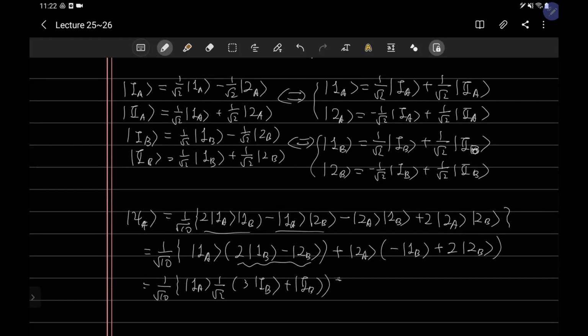And similarly for the second term, now I multiply 2 and then subtract this line from the second line, so that is minus 3. Oops, I should not forget about the 1 over square root of 2.